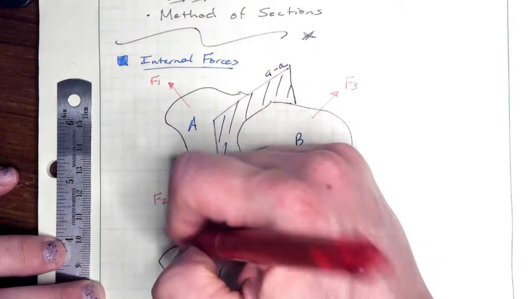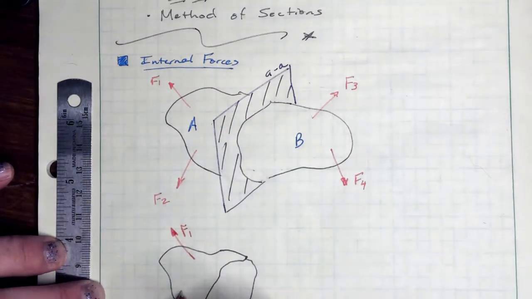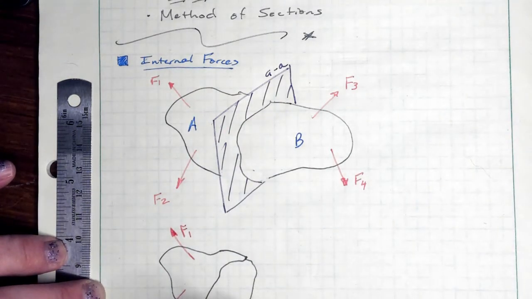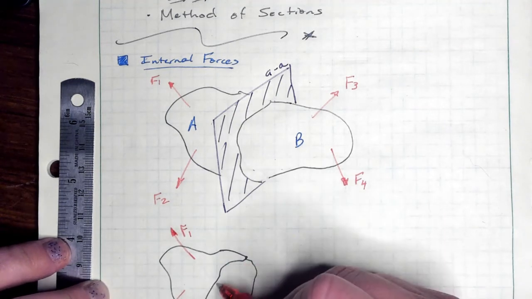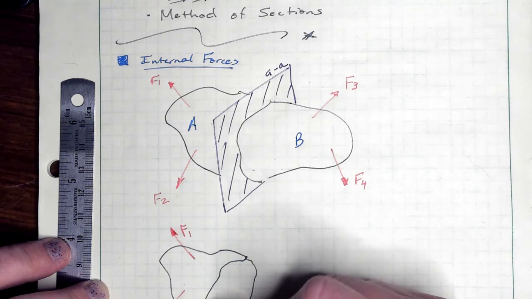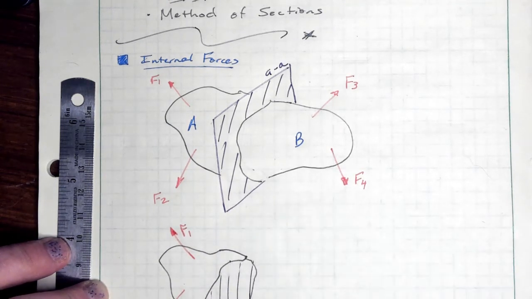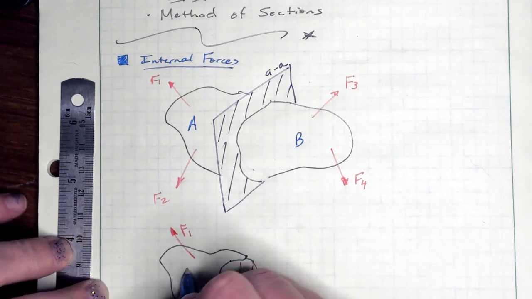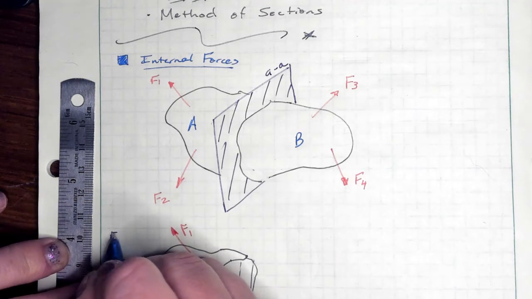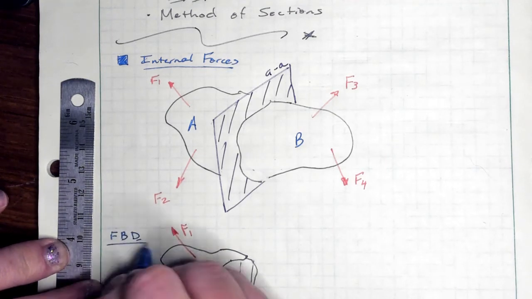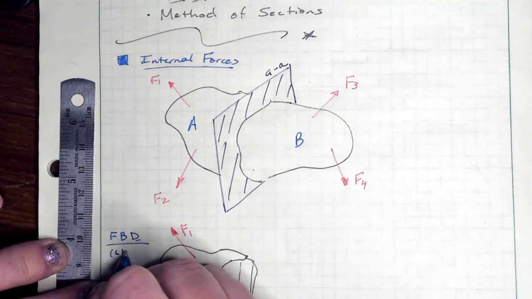It's not going to be exactly the same, but use your imagination. How about that? Okay, this is our cut surface on the plane AA. So if I really wanted to, I could show you that. This is section A. And we'll do a free body diagram of this. And it's the left-hand side.